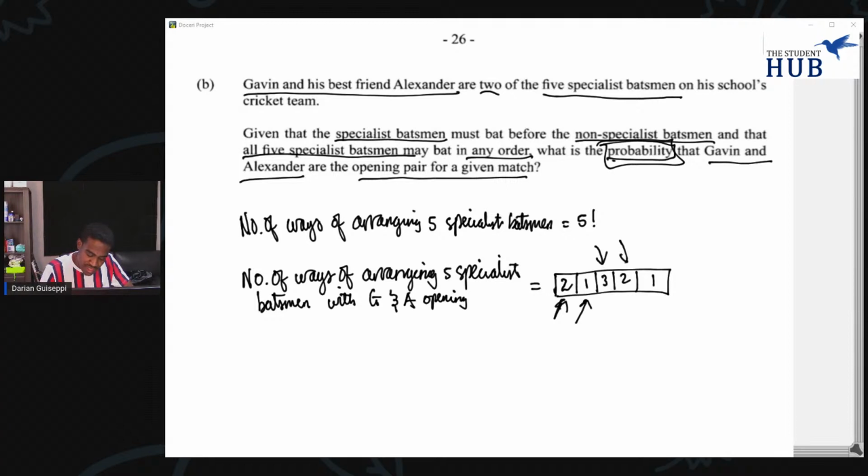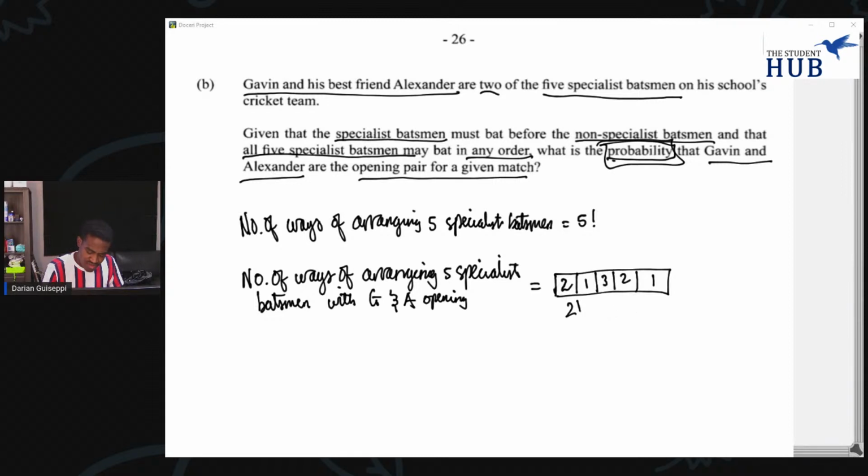Any one of the remaining 2 persons, we put them here, and the last person, we put him here. And that's basically it. Once we identify what we put inside the boxes, we just multiply this out. Clearly, you could see that this is actually just 2 factorial by 3 factorial as well: 2 by 1, 3 by 2 by 1.